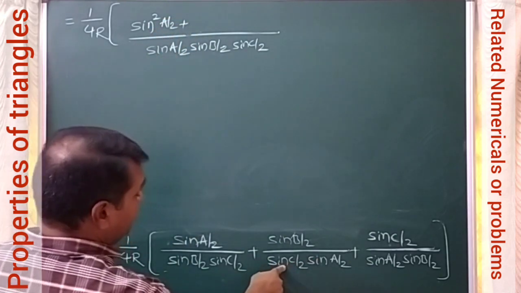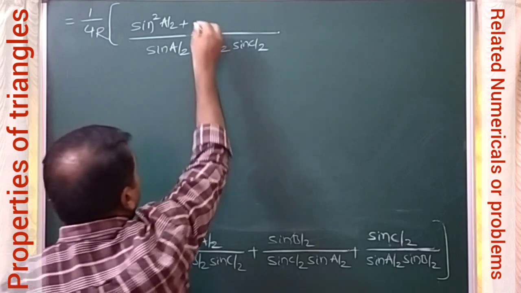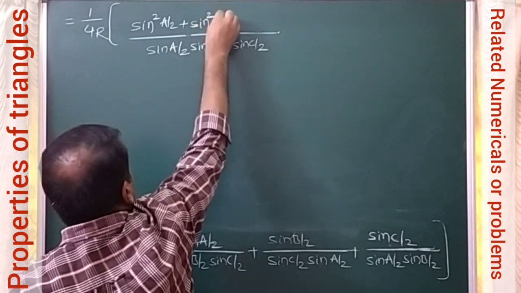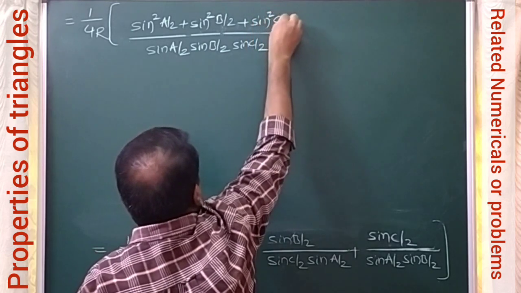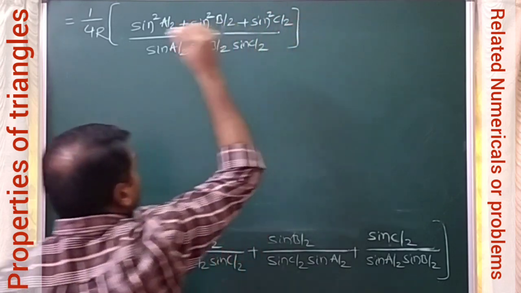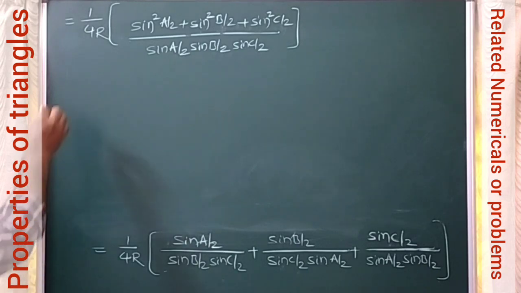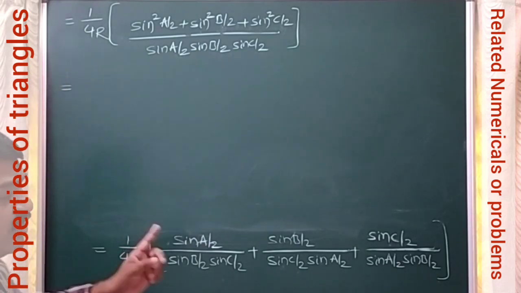Second term, sin B by 2 into sin B by 2, so sin square B by 2. Similarly, sin square C by 2. Next, now see the denominator part.